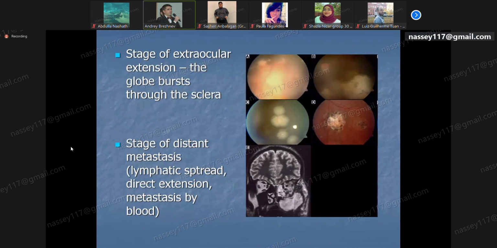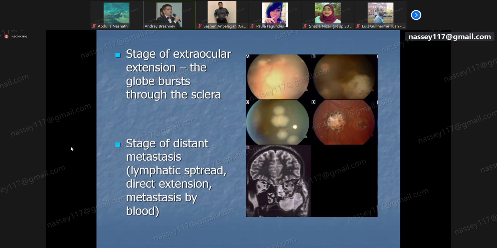Third stage: extraocular extension. The globe bursts through the sclera, and this stage, of course, is dangerous not only for the eye but for the newborn's life.